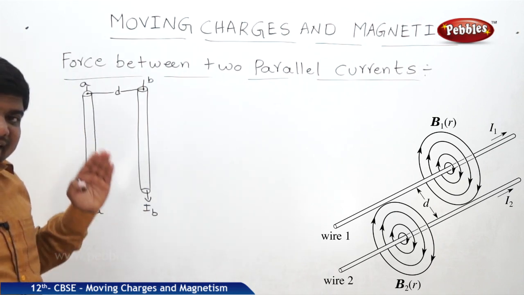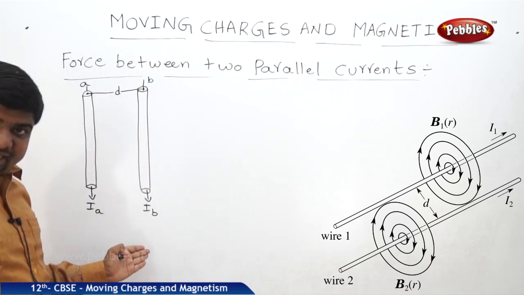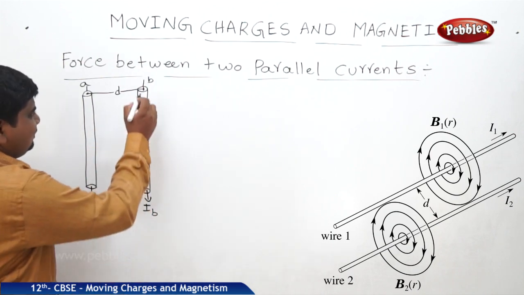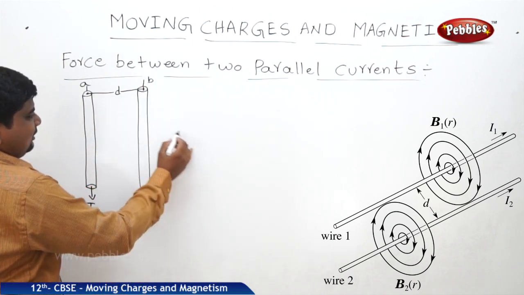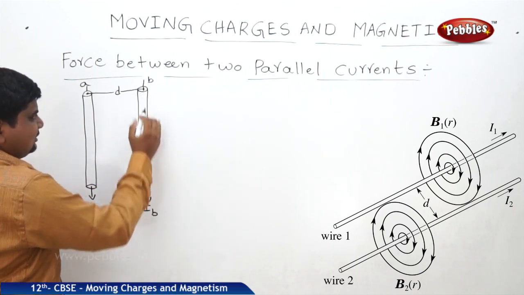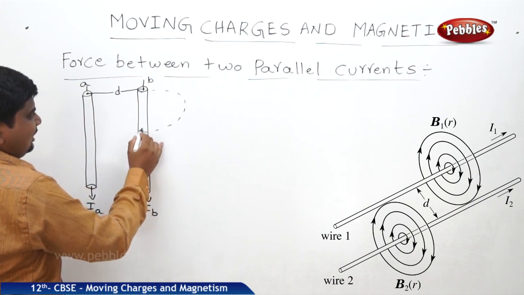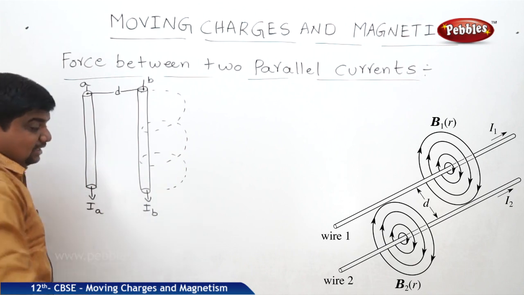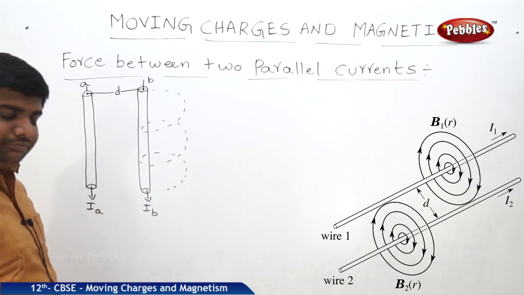Whenever some amount of current is passing through a conducting wire, which is in the form of a length, then we can expect the magnetic field perpendicular to the wire like this. So I am drawing in the dotted lines. So dotted explains about the formation of the magnetic field around the conducting wires.